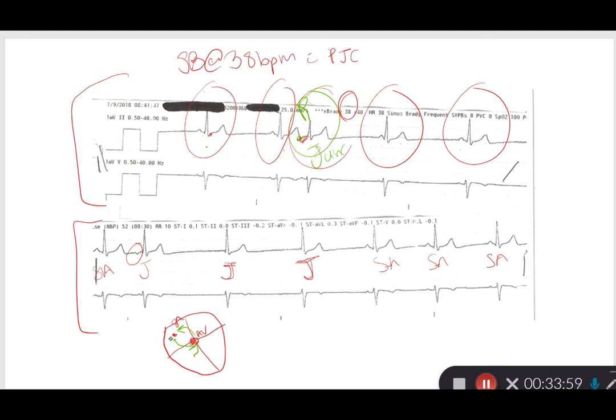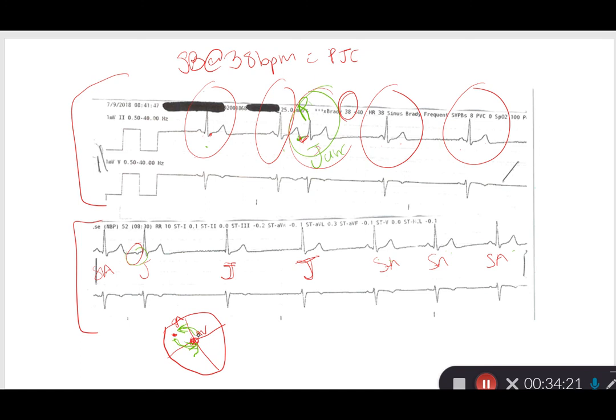So it's wandering. It's moving down further to the AV node, and we can see that by the junctional rhythm kind of changing, where we have the upside down P wave and then no P wave. What's happening is that it's moving closer and closer to the AV node, and then it's going to move back here, back up to the SA node. So this is a wandering pacemaker.